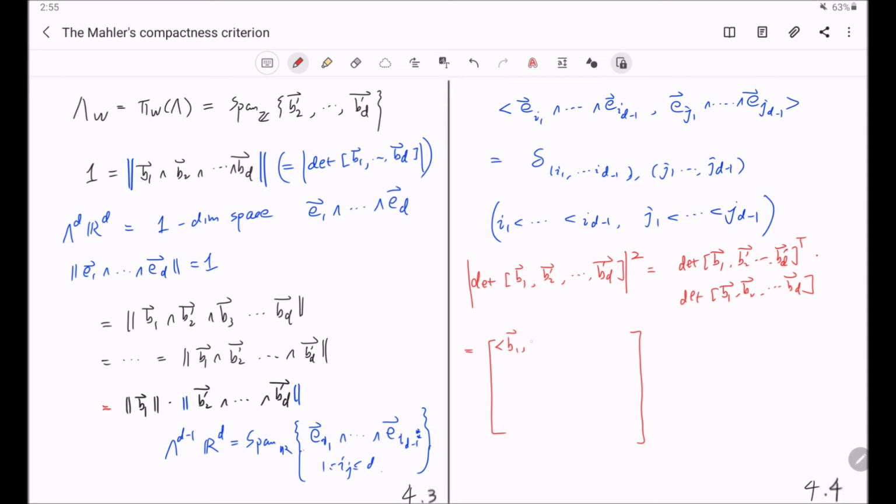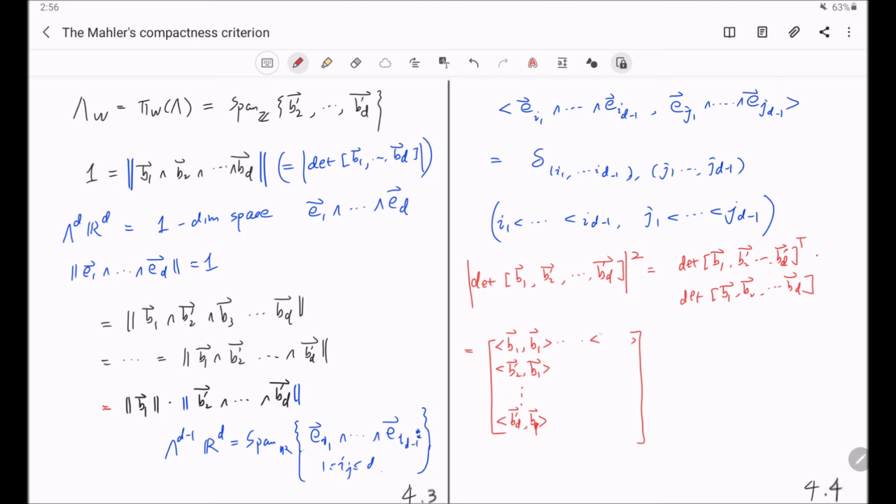First you get the inner product of B1 with B1. Next you will have the inner product of B2' with B1, and so on through BD' with B1.